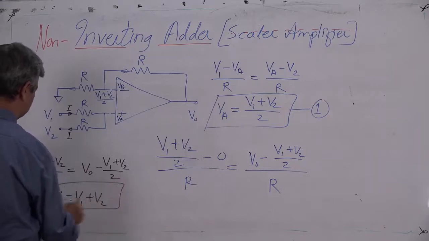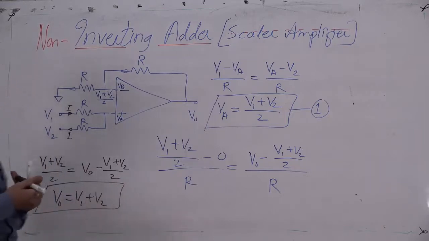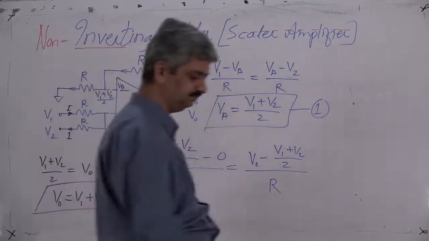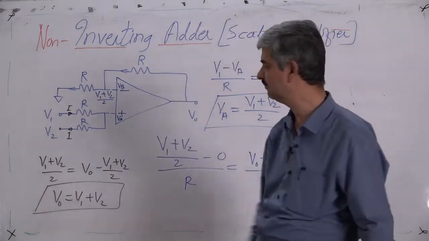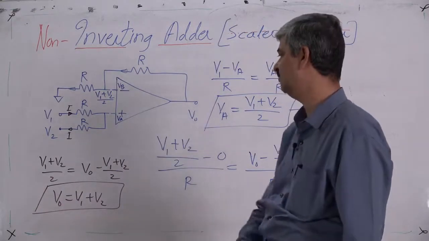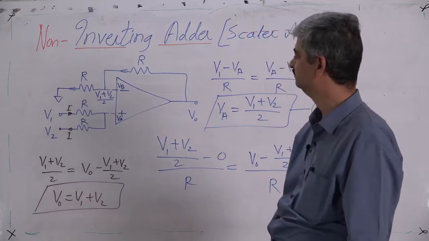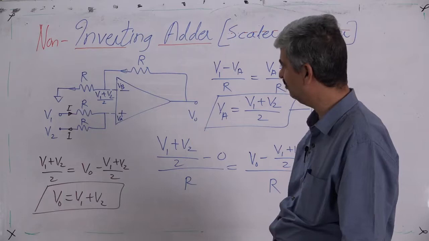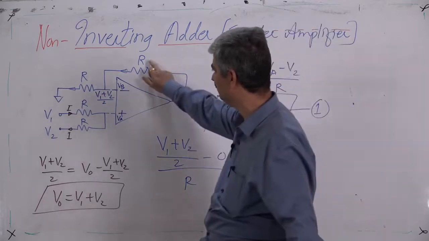So, it is called a non-inverting adder. It gives direct addition. We can have some gain also if we make this value different.